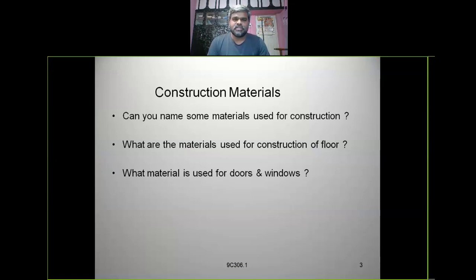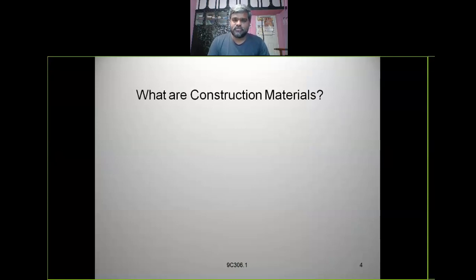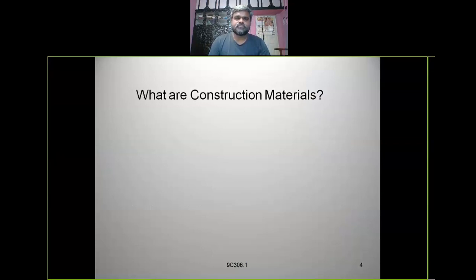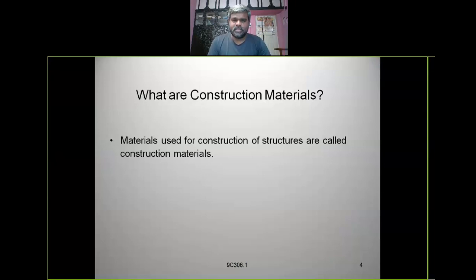What materials may be used for the construction of floor, what material is used for doors and windows, what is the material used for electrical pipe conduit? These are some construction materials which we use in our construction activities, right? So what are construction materials? Materials used for the construction of structures are called construction materials, right?